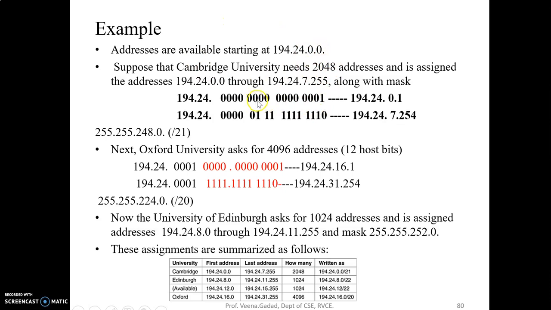So 11 bits will be taken from the host part. What will be the subnet mask for this? It will be /21, 8, 8, 16, 21, right? So 11 bits are used for the host part. The addresses go from 194.24.0.1 to 194.24.7.254, right?